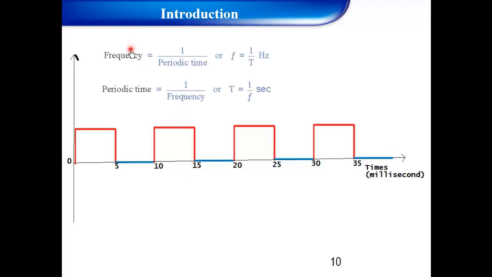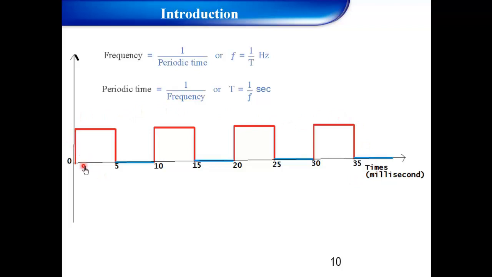Frequency. Now frequency equals 1 over period, or F equals 1 over T in hertz, and period time equals 1 over frequency. Now what is the frequency of this square wave?